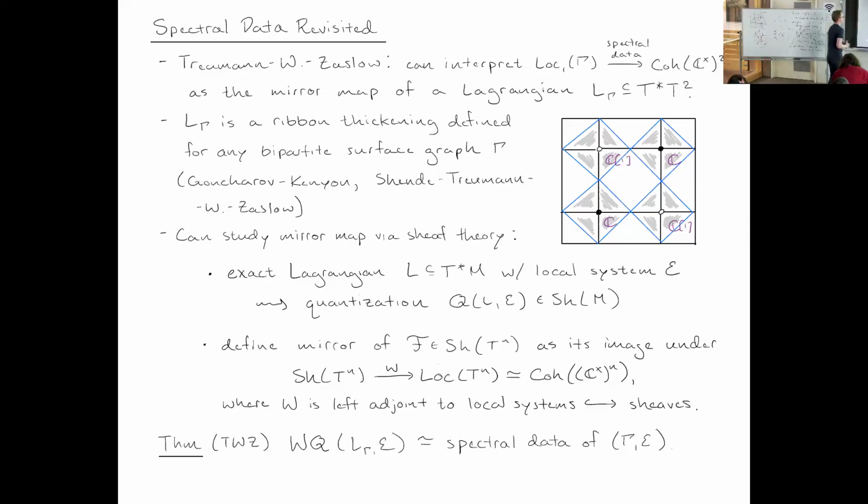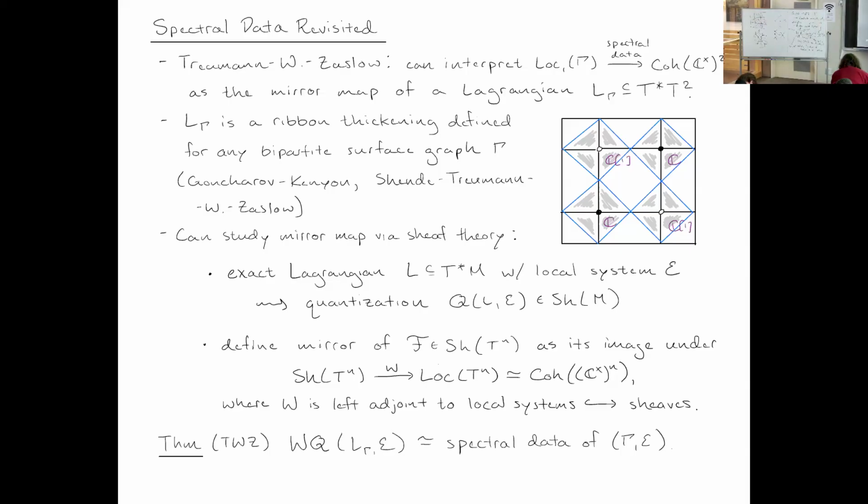The version that I have in mind most precisely is a formulation of Jin and Treumann, who showed that if you have an exact Lagrangian with some constraints on its asymptotics, then you get a fully faithful functor from local systems on that exact Lagrangian to sheaves on the base manifold.